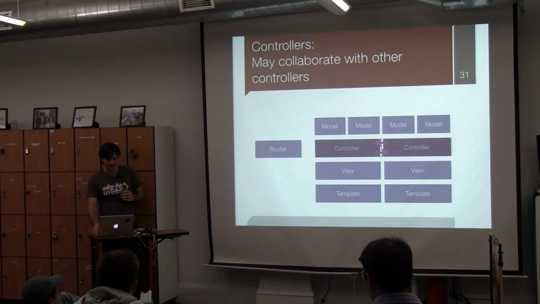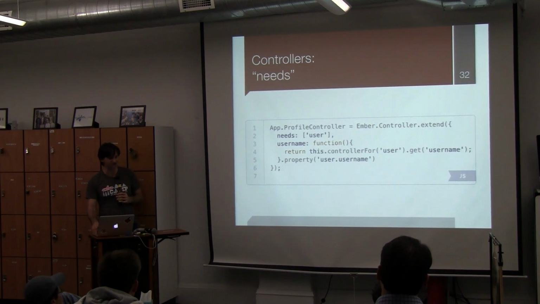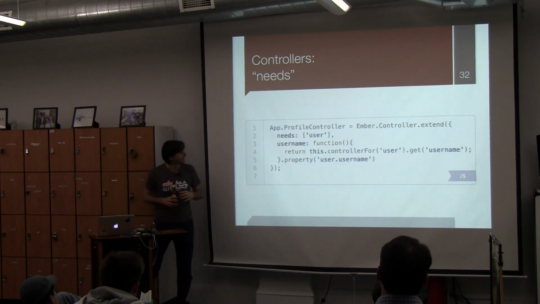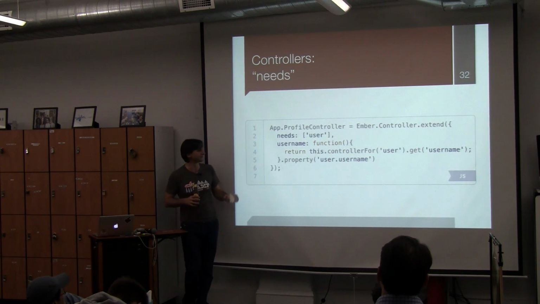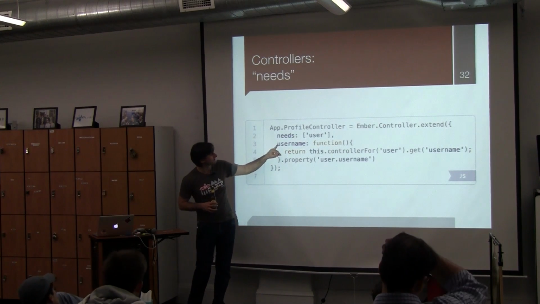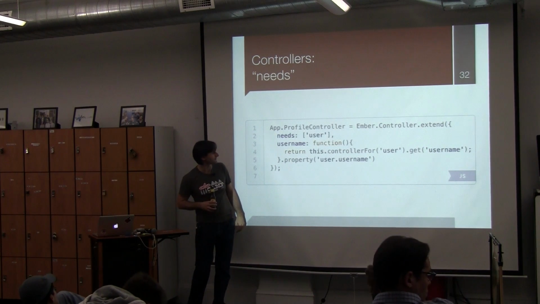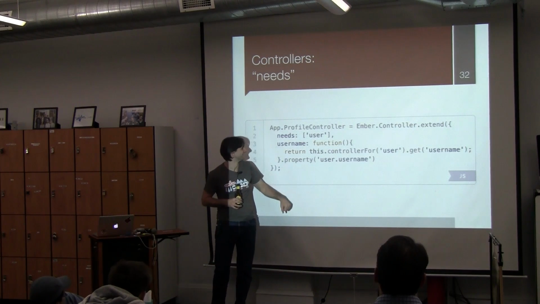So we talked about controllers collaborating with other controllers, and here's an example of using needs. If my profile controller needs access to the user controller, because let's say we want to render the username, then I would say needs user and create a username property, which this is wrong, I think.